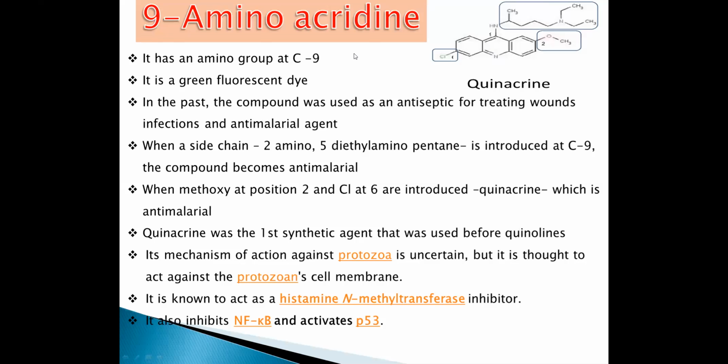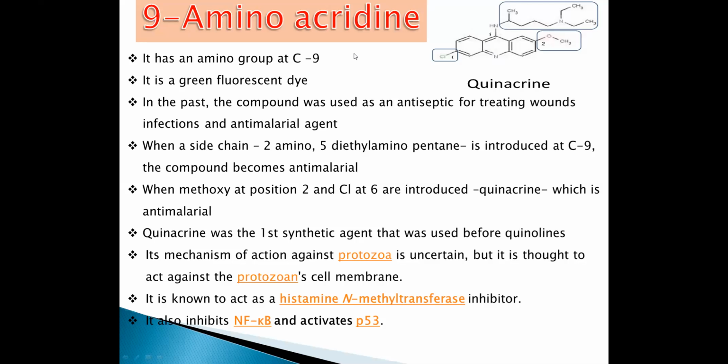If you consider only this part over here, this part is a 4-aminoquinoline derivative, and if you see up till here, this part is an 8-aminoquinoline.